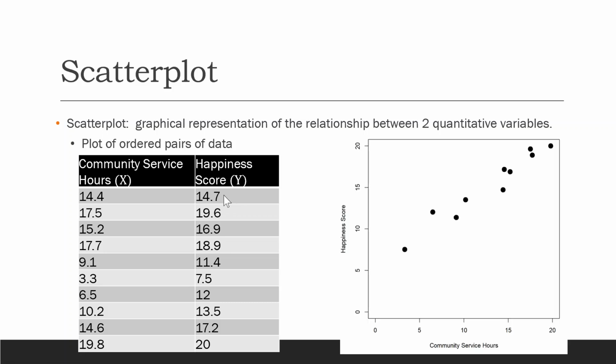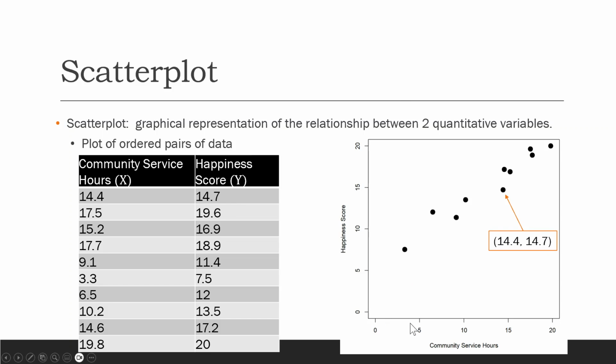I've graphed this scatter plot using JASP, which I'll show you in a little bit. But I just wanted you to see, again, that we're using the same methods to graph ordered pairs as you're accustomed to.